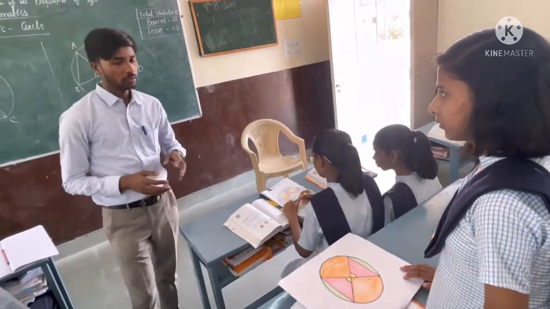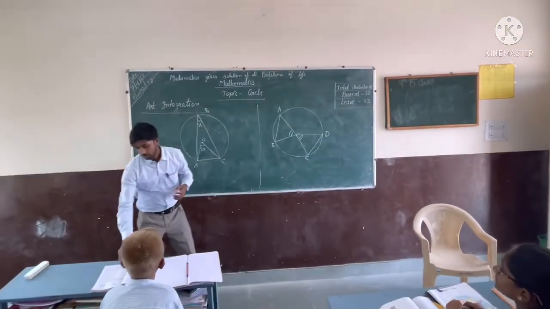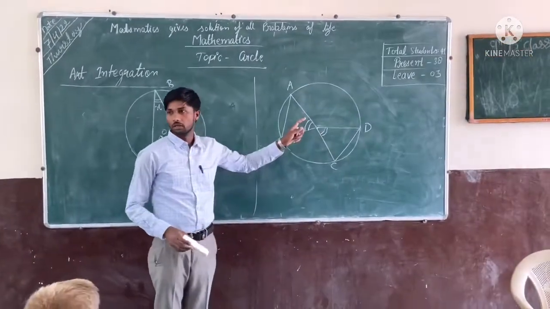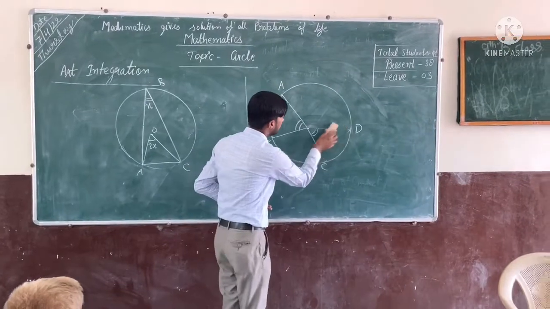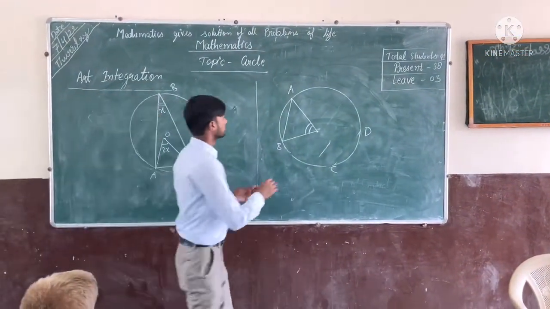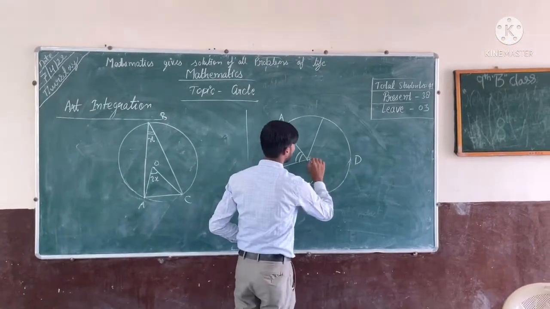Yes, very good. It is not necessary, students, that both the triangles should be like this only. It can be a little different, like one triangle is this, and another is this one.